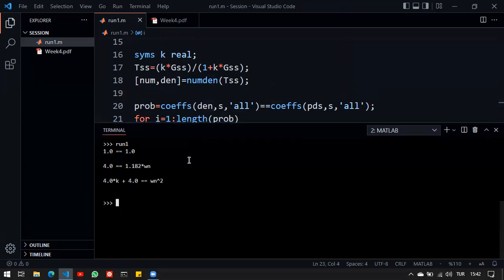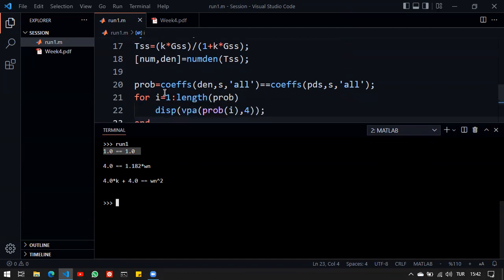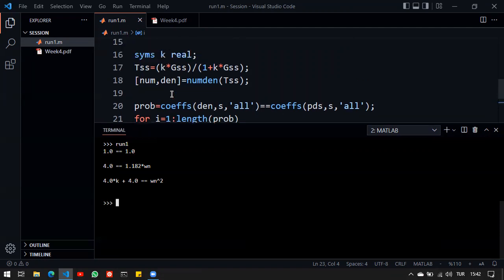So now, here we can see that the first equation is the trivial equation, but it's also important to check this equation, the first equation, which is the highest order s term in this case, because if these are not equal to each other, then we are not able to solve it. Even in MATLAB, if you solve this, since that would be a false identity, it will give you an empty solution. So we have to check this. This is basically a necessity equation here. And it might be the case that that's not equal to 1.